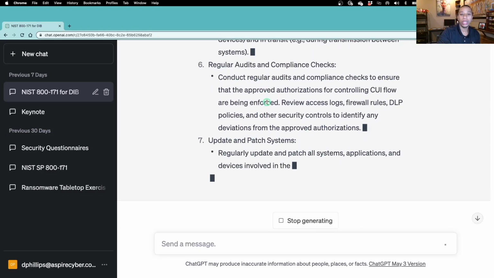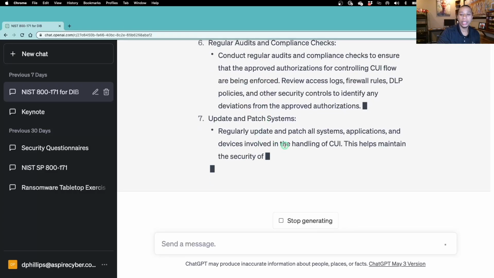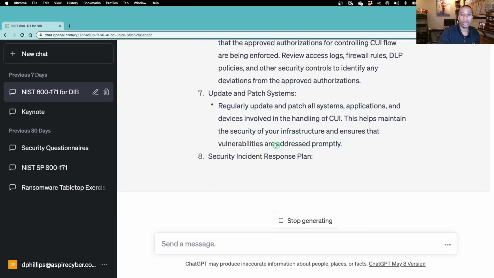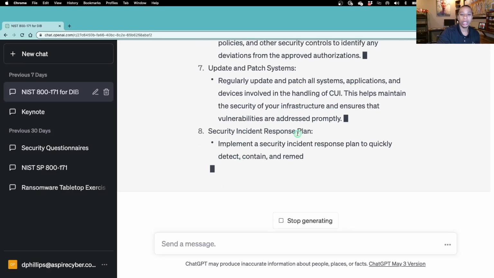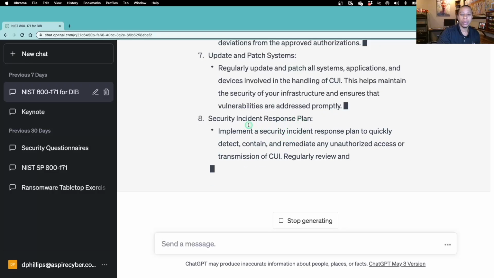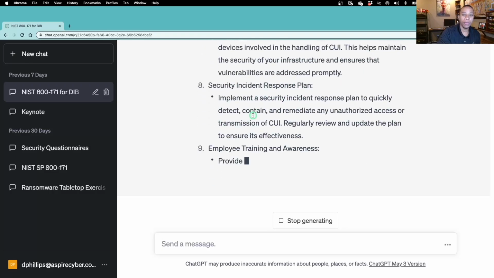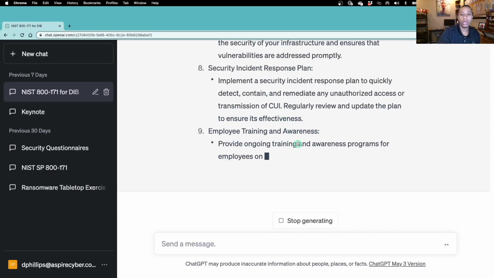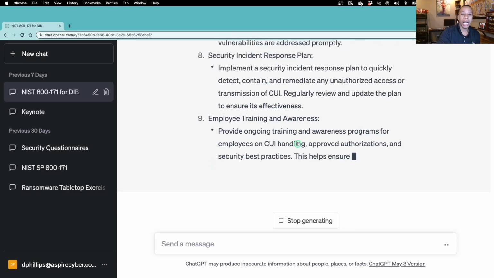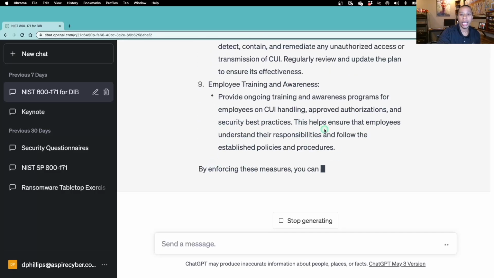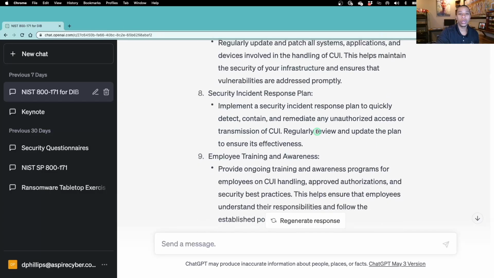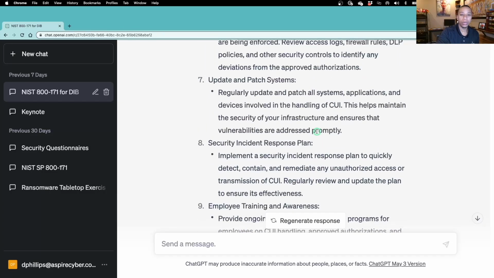Performing regular audit checks, make sure we're doing our patching to maintain the security of our infrastructure. Going back to our incident response plan, we need to be able to respond to incidents, quickly identify them, and contain those incidents to make sure that the confidentiality of CUI is protected. All right, so we've gone through all 5.